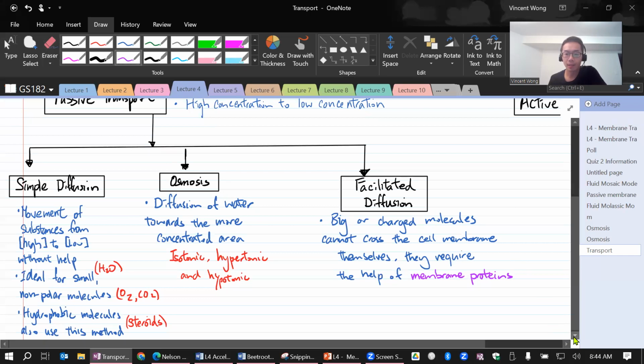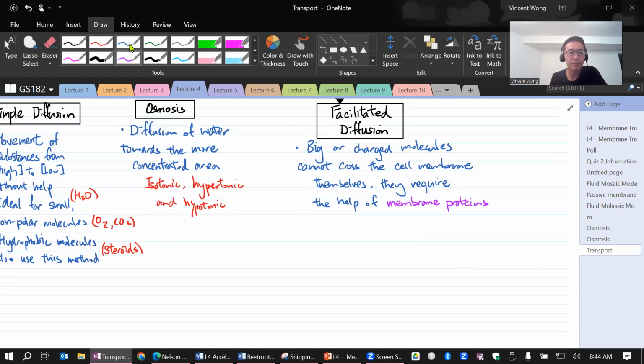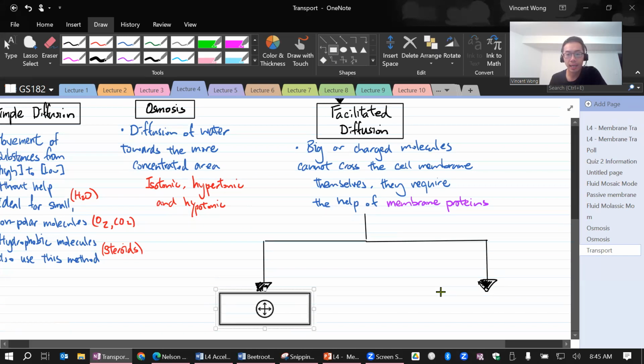There are 2 kinds of facilitated diffusion: channel protein and carrier protein.